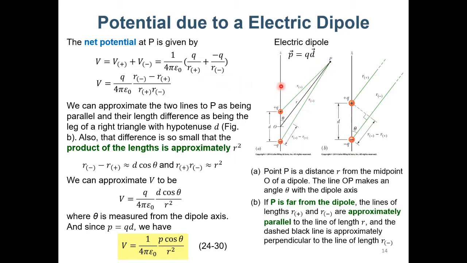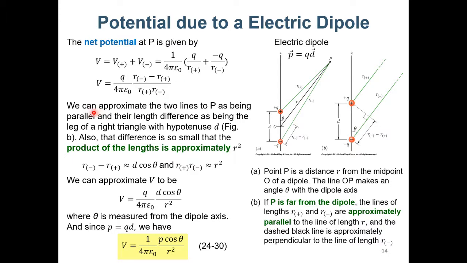Up till now, don't care about what R plus and R minus are. We can factor small q out, and add these two terms together. So this one will become R minus minus R plus over R plus times R minus.